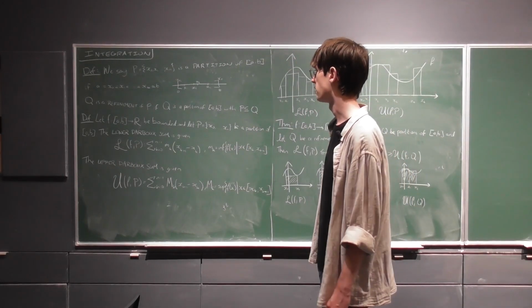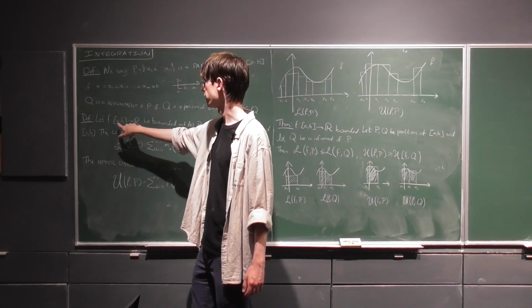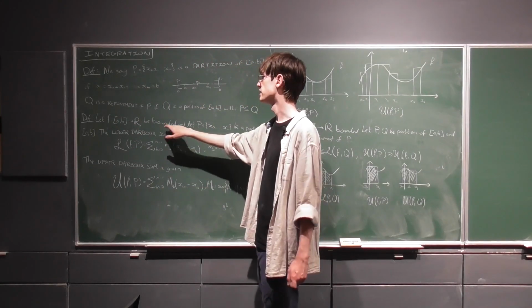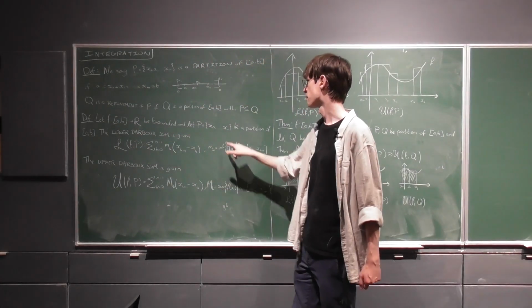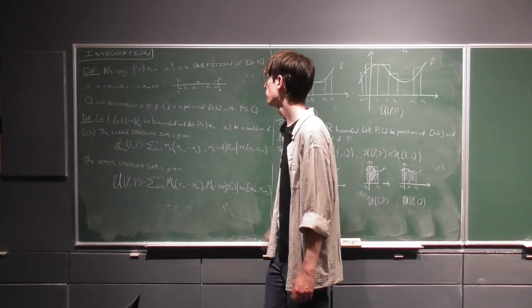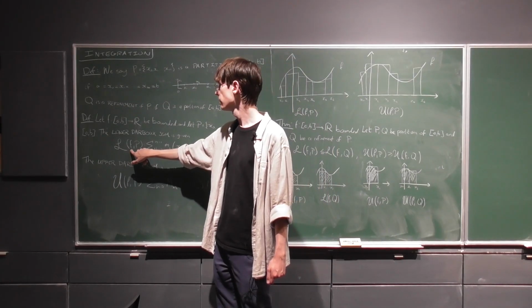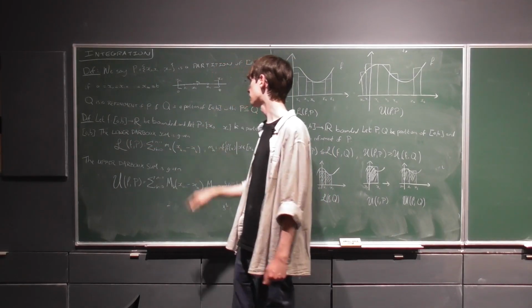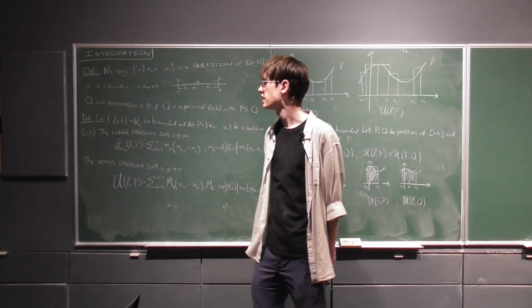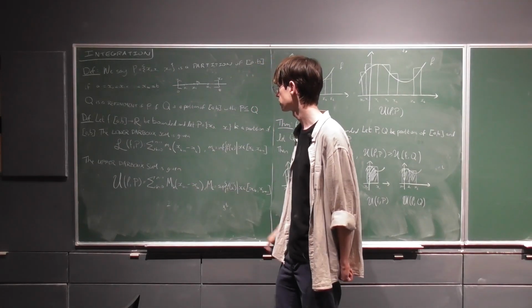So we can now define Darboux sums. If we have a function mapping from [a, b] to R that's bounded on that interval, and we have a partition of the interval, we can define the lower Darboux sum by this here. We represent it by this cursive L, f for the function, P for the partition, and it's the sum from k going from 0 to n minus 1, so these indices work out.